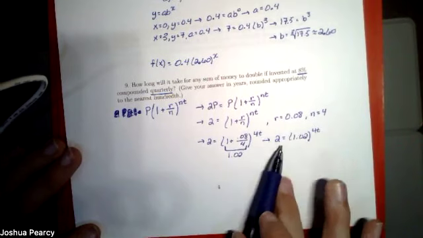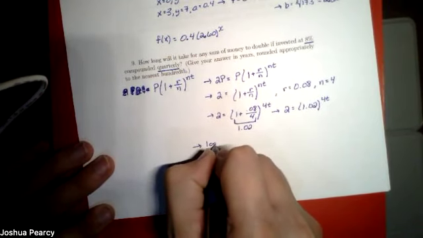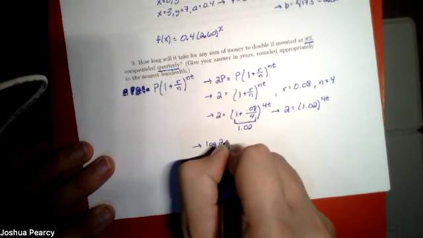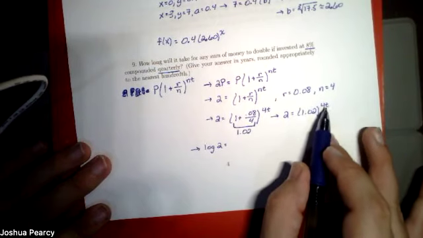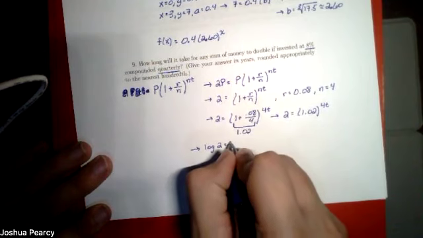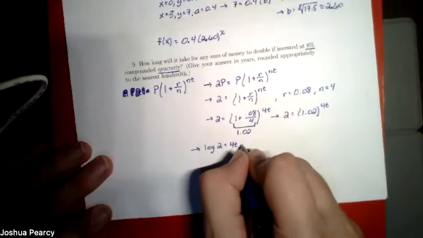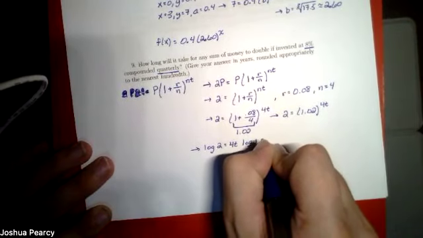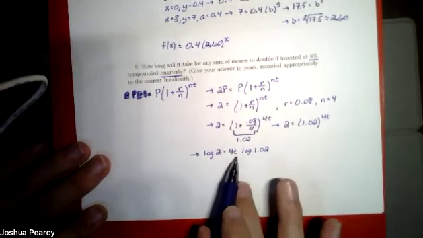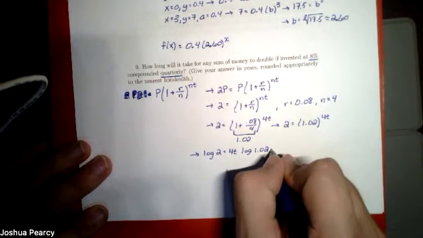Now how did we do these problems? We started off by taking the logarithm of both sides. When I take the log of both sides, I get log of 2 on the left. And based off the properties of logarithms, the 4t comes out in front of the logarithm, times the log of the base, which is 1.02. So 4t times log of 1.02. Now to solve for t, I divide both sides by 4 times log of 1.02.